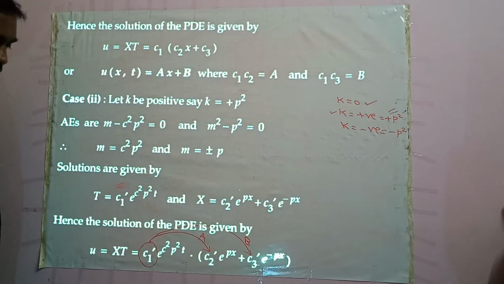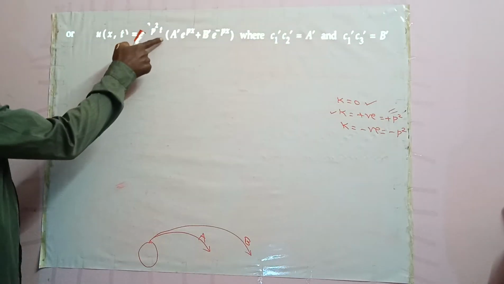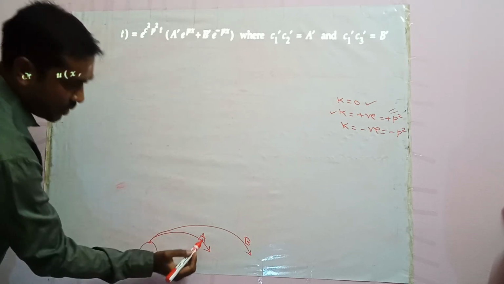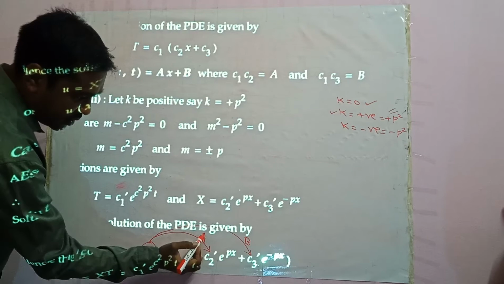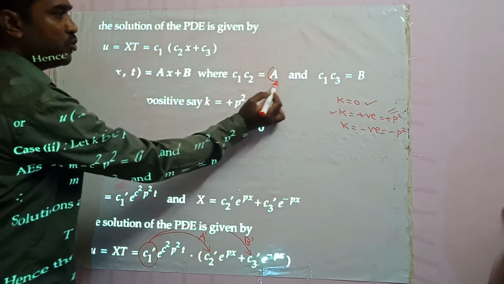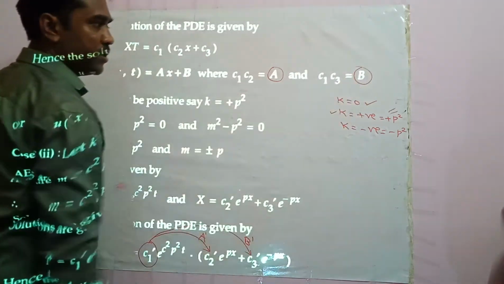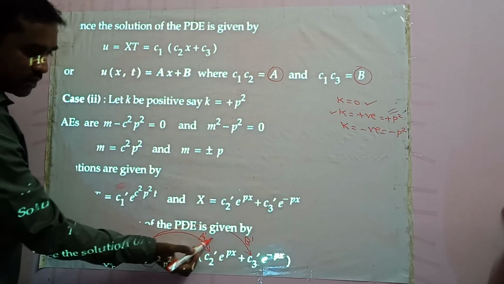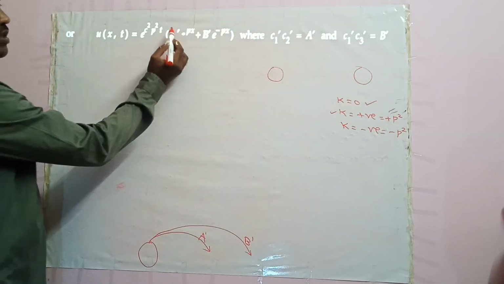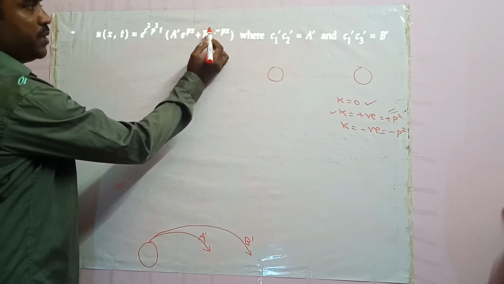So what you get is this. See here, a we have called it as a dash. We will call this as a dash and this as b dash because a and b are already used here. So what we get is a dash here, b dash here.